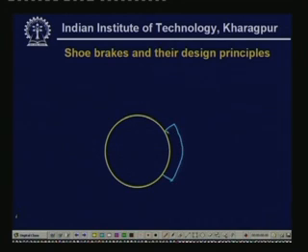This is the brake shoe, and here we have the friction material. This is the drum, this is the shoe, and this is the friction material, and we apply force over here.